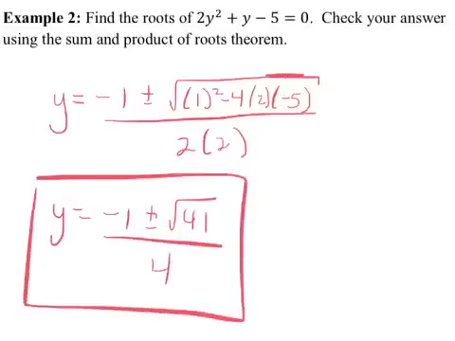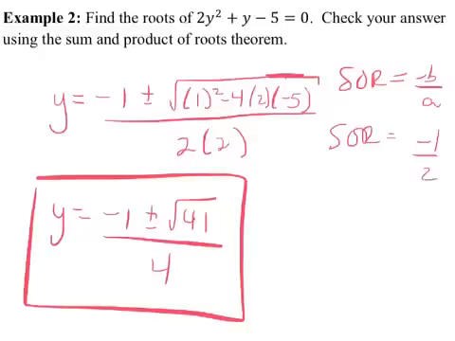So let's go ahead and find the sum of roots and product of roots and see if they give us the correct values in this problem. Remember, the sum of the roots is negative b over a. So for the sum of the roots, we should get negative 1 over 2. Again, negative b is negative 1.